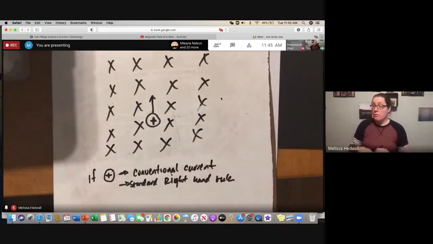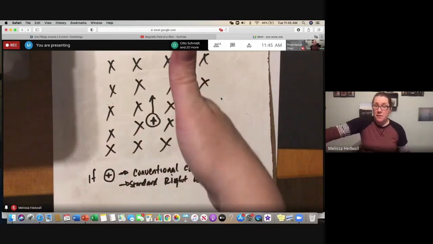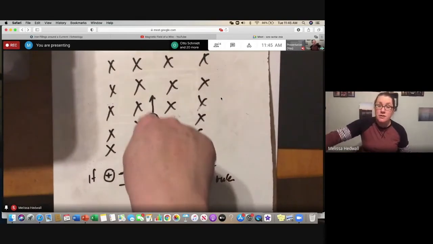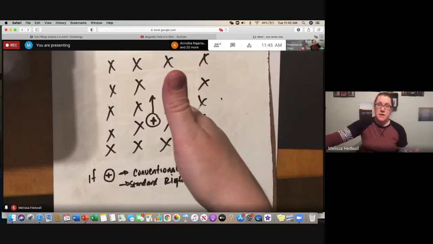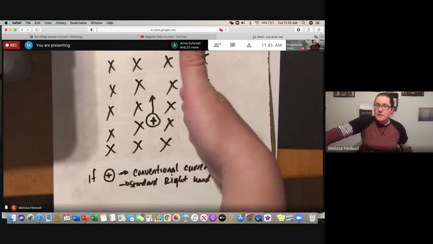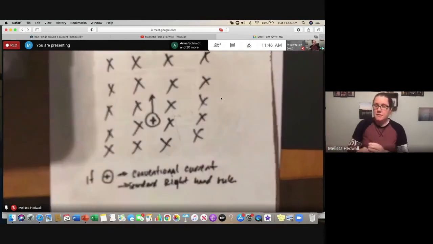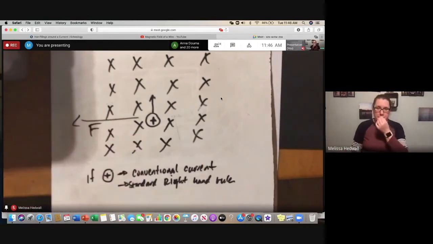Our magnetic field is going into the page. Our thumb, the direction of the charge, is going up the page. And so we would just do exactly what we did when we were talking about this being in a wire. Our push would be over to the left, so our force would be over to the left.